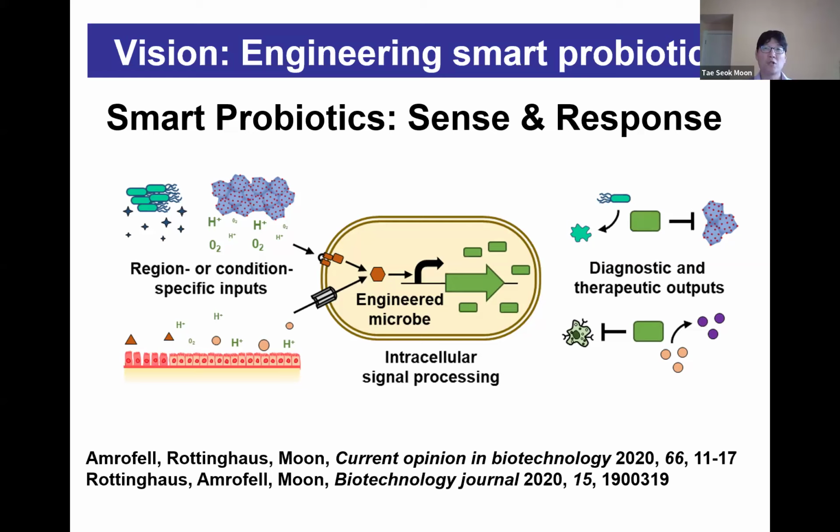For example, bowel disease: if that is detected by the probiotic cell, that sensor triggers the production of some molecule that potentially cures it, or simply generates some color, which is a diagnostic kind of application. So that is the overall vision we had when I started my position, and we started to engineer some sensors.